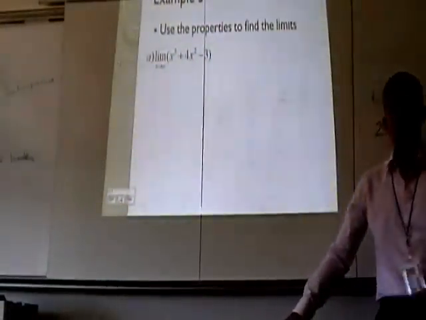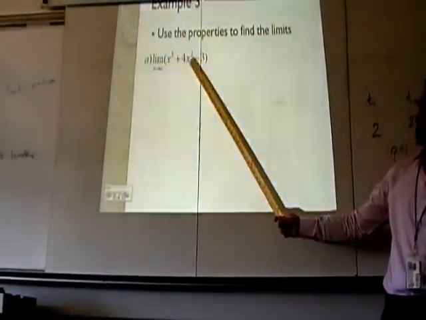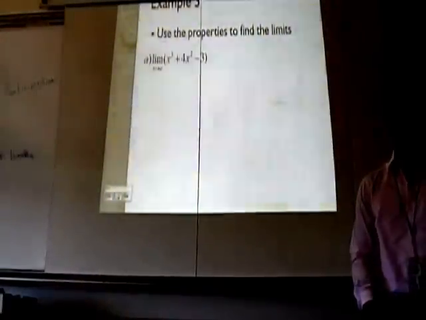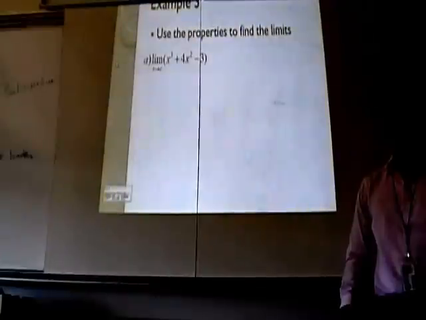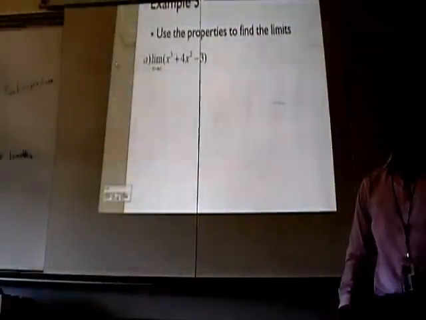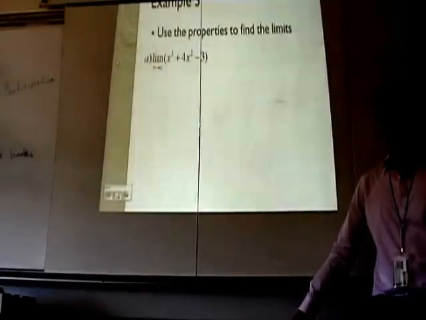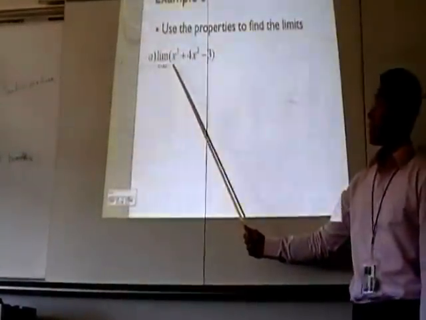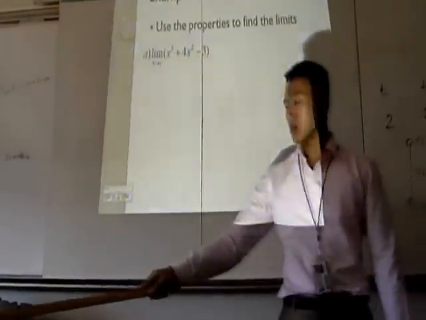Okay, so if you're adding and subtracting inside the parentheses, what could you do with all of them? It's that first and second property. Split it. What does that first and second property say? Yeah, you just take the limit of all of them. So this is really the limit of x cubed plus the limit of 4x squared minus the limit of 3.